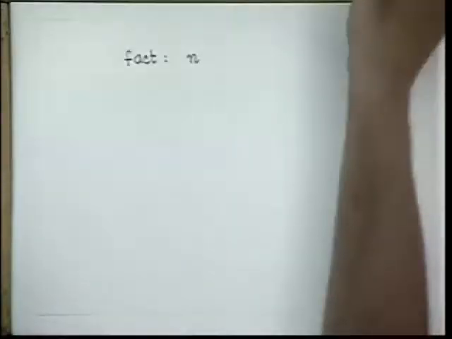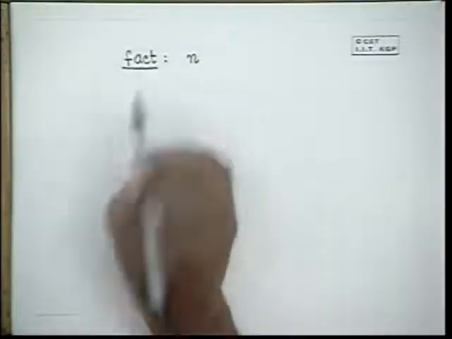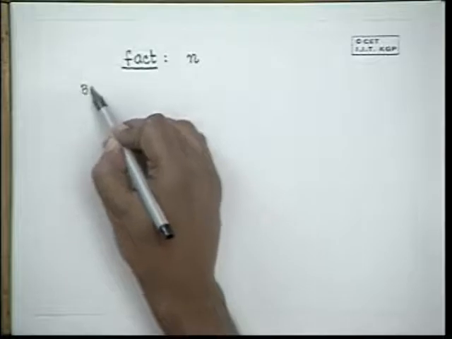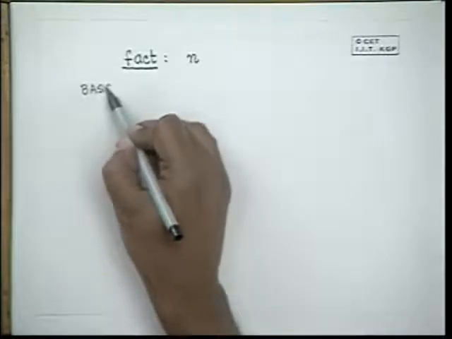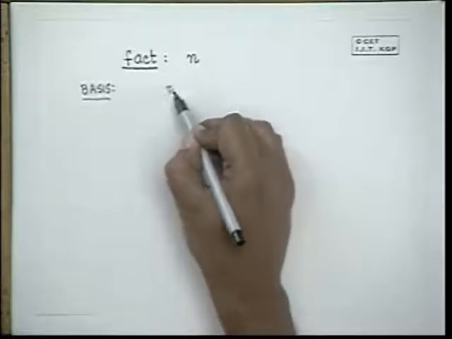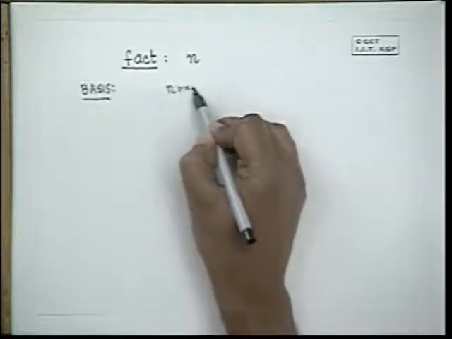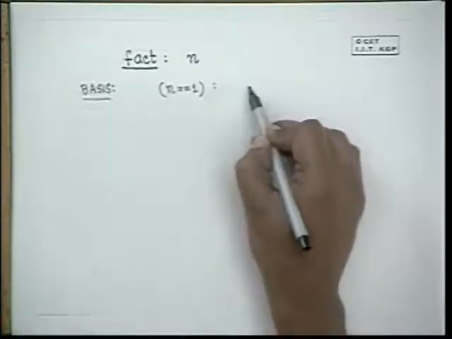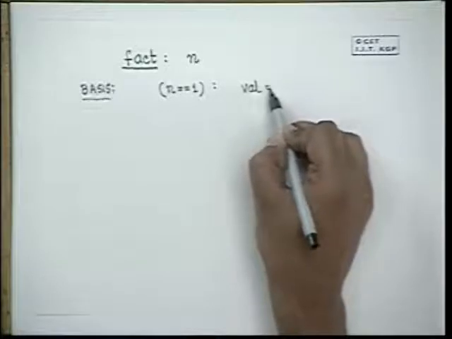Now, when you have factorial, what does the decomposition look like? There are two parts. One is the basis part, which says n equal to 1 results in value is equal to 1.